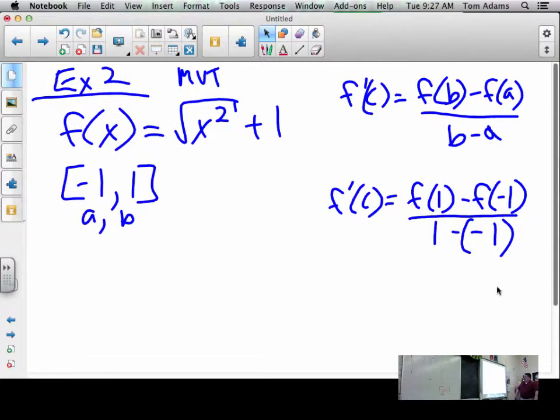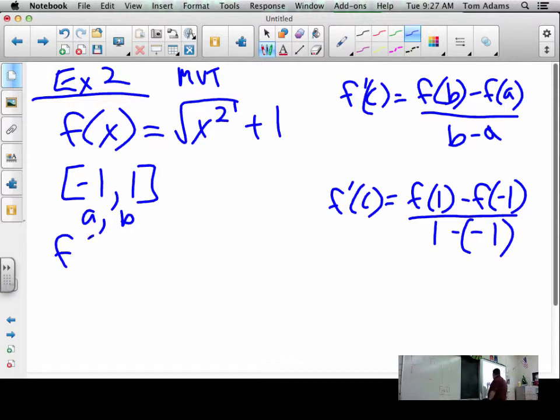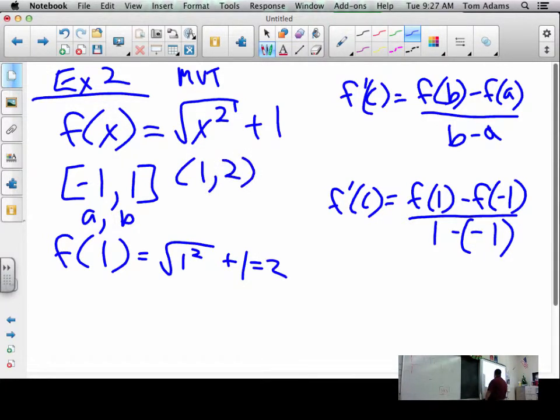All right. So now if we were to crank through this, if I were to evaluate f of 1, I would say the square root of 1 squared plus 1. This is 1 squared, which is 1, and then the square root of that is 1, plus 1 is just 2. So on my graph, I've got 1 comma 2.